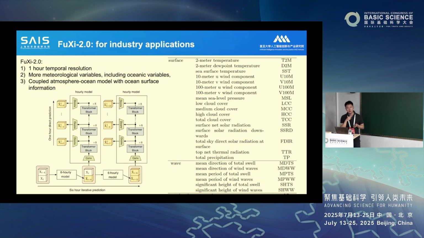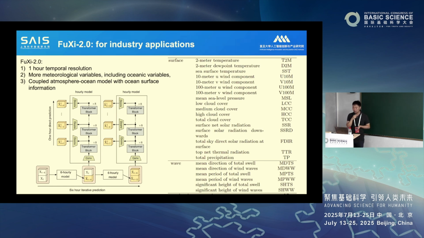One is a 6-hourly model similar to FuXi 1.0, and another is a 1-hourly model that interpolates the 6-hourly forecast into a 1-hourly forecast, so that the number of autoregressive steps used to generate the entire 10 or 15-day forecast does not change too much, and we can still guarantee the model has a relatively continuous forecast.